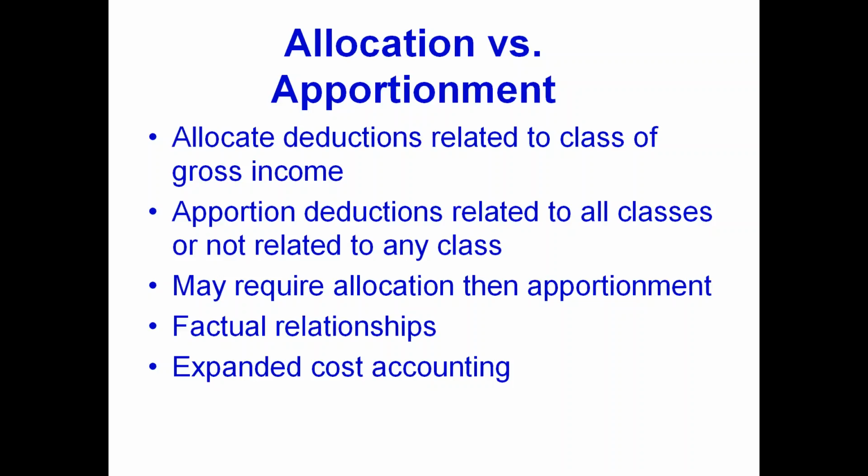There's only one software package out there that does it comprehensively, and that's Corp Tax. And I know a few of you are Corp Tax users. There are three other packages out there that do it for a limited set of stuff.